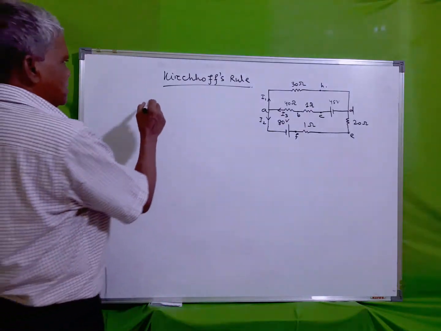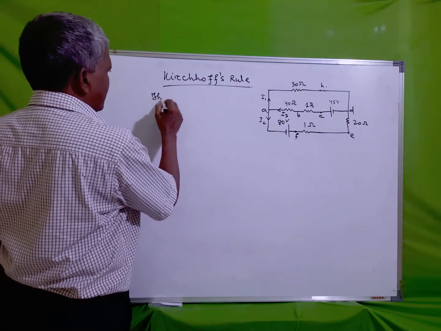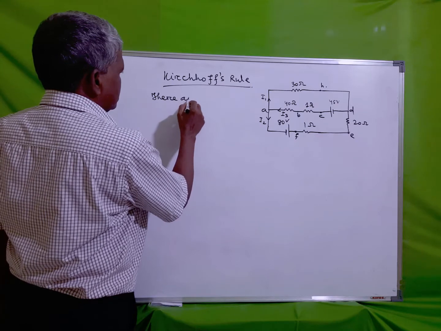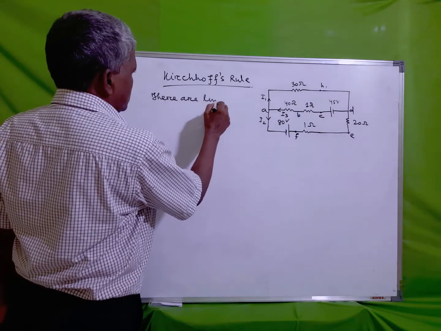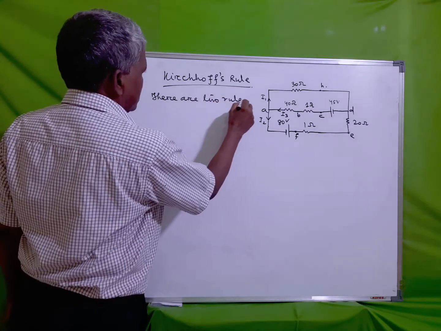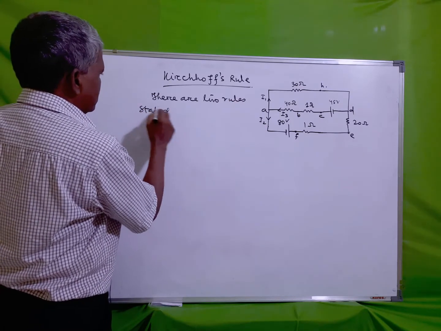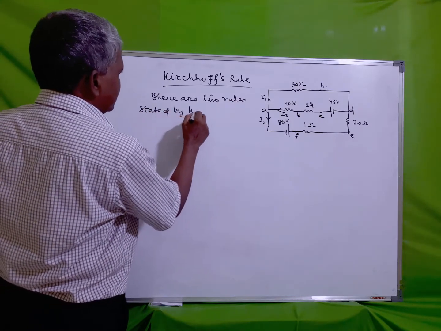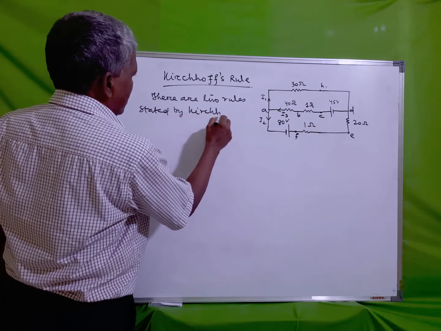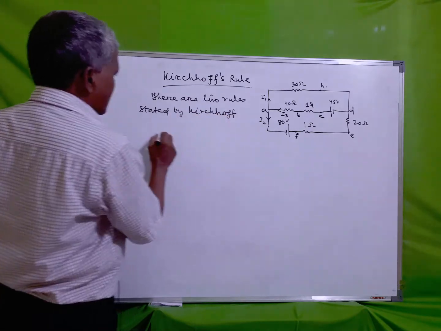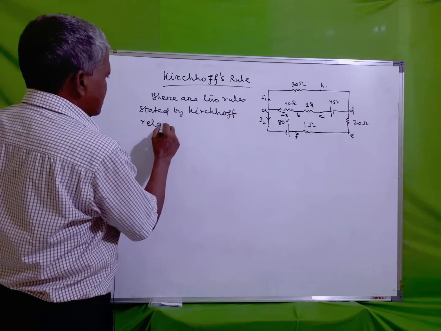There are two laws, or rules, stated by Kirchhoff relating to an electrical circuit.